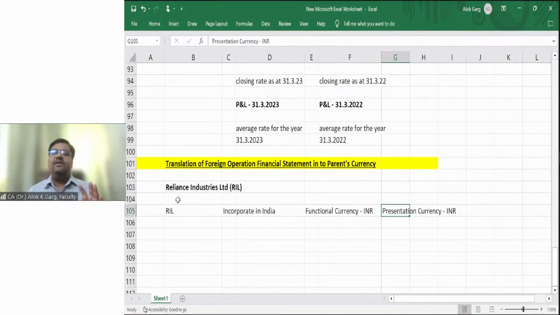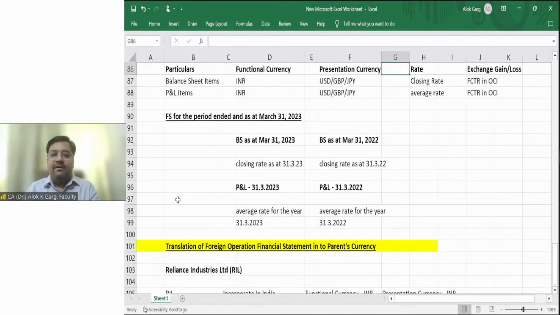Generally, what happens, friends? In 98%, 99% of cases, the functional currency and presentation currency will differ if the company is listed on multiple stock exchanges across the world, or the company has registration from different regulators across the world.